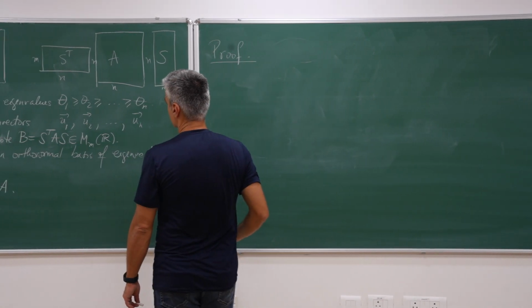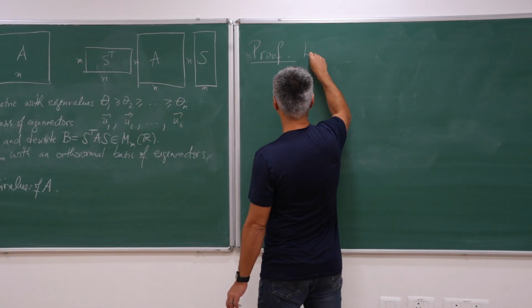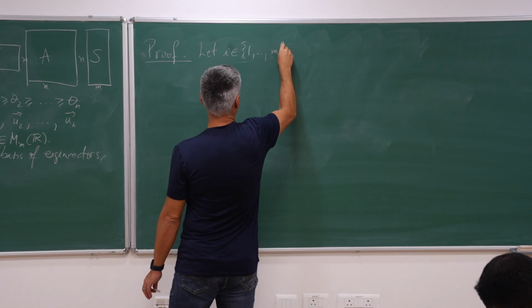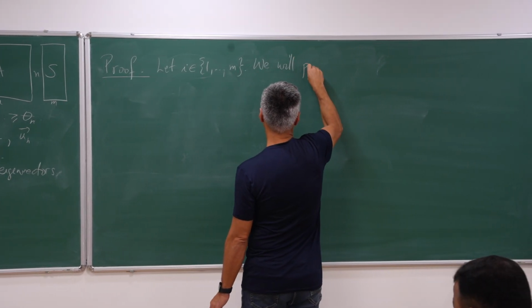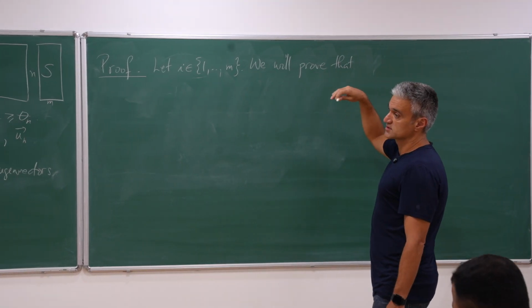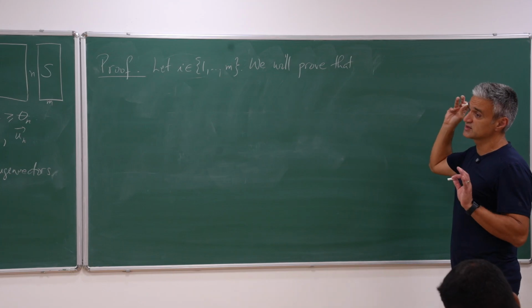So what I will prove first, the key thing, is the following. I'll take i from 1 to m, and we will prove that the ith eigenvalue in the big matrix beats the ith eigenvalue in the smaller matrix. And I claim that that's the only thing you actually need to know.